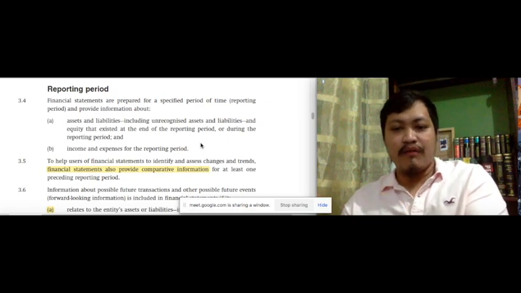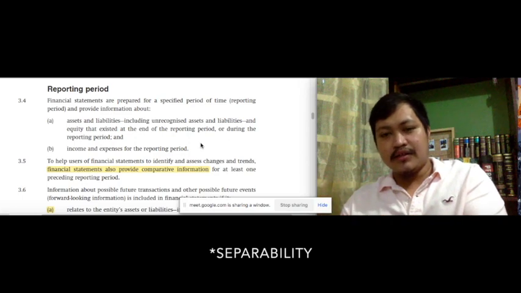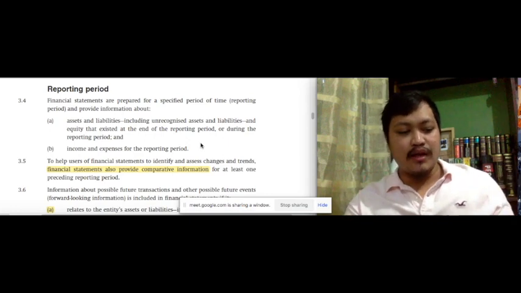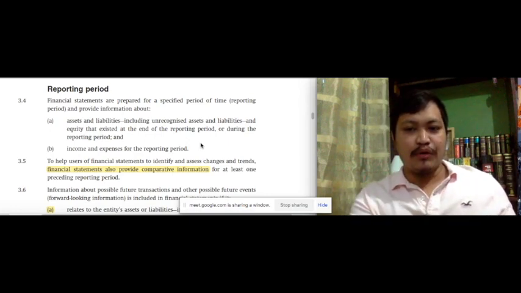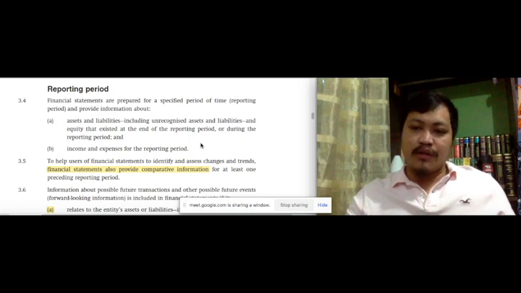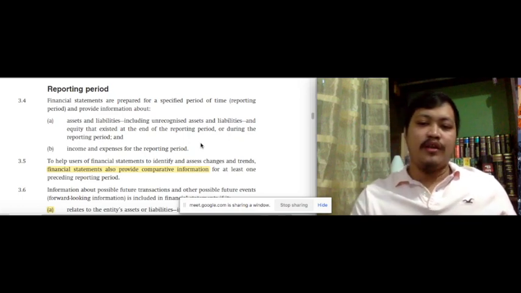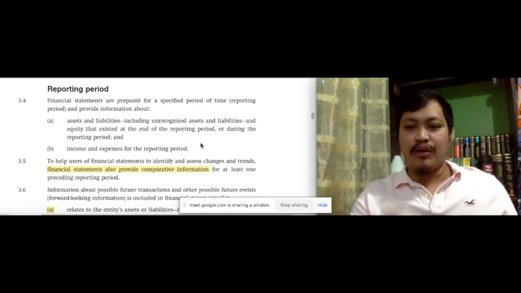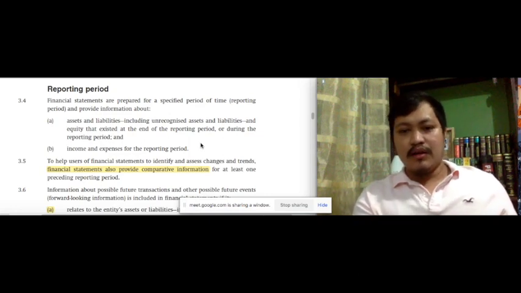It is important for us to work on this separability, class, so that we would know the limit of the application of the accounting process. If we limit the entity to this reporting entity only, then we will only be dealing with this entity's transactions and operations. What if there are personal transactions of the owners, the creditors, the employees of this company? Are we going to include that in the accounting process?